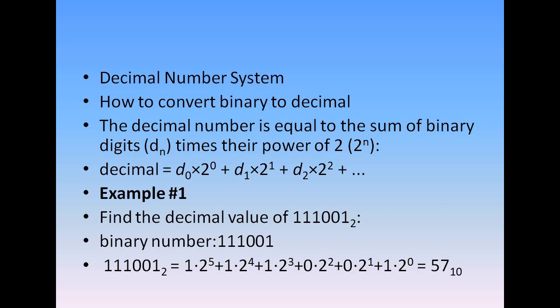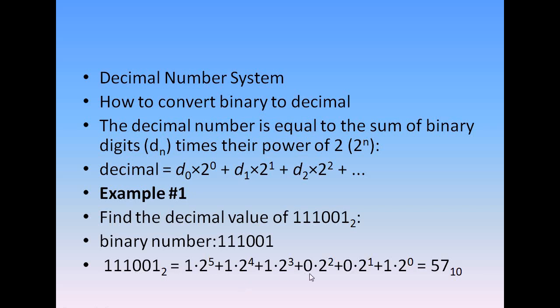We will take the number. We have the first 1 on the right side. This is multiplied by 2 raised to power 0. Next digit in the number is 0. See here, this 0 is multiplied by 2 raised to power 1.